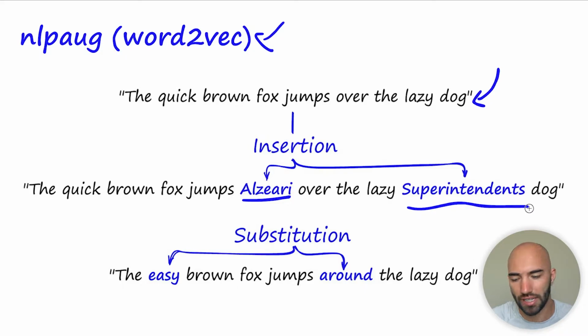It's not great. Substitution for me seems to work better. So rather than the quick brown fox, we have the easy brown fox, and rather than jumping over the lazy dog, jumps around the lazy dog, which changes the meaning slightly. Easy is a bit weird there, to be fair, but we still have a sentence that kind of makes sense. So that's good, I think.